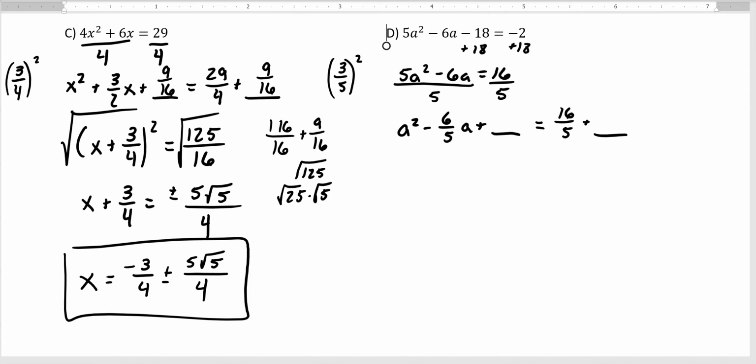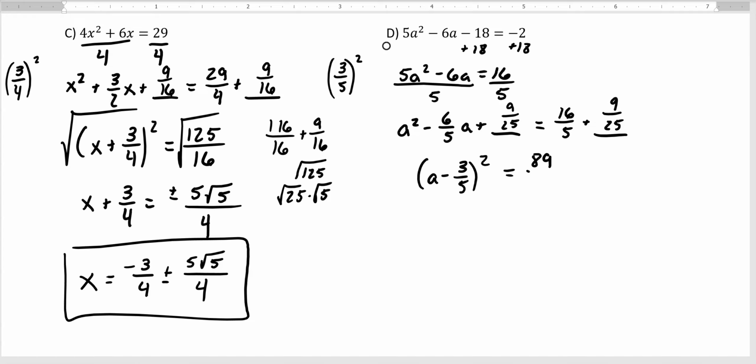3/5 squared is 9/25. So I need to add 9/25 to both sides. When I do that, I would have a minus 3/5 squared equals 16/5 plus 9/25. So I'm going to need to multiply 16 times 5. 16 times 5 is 80.